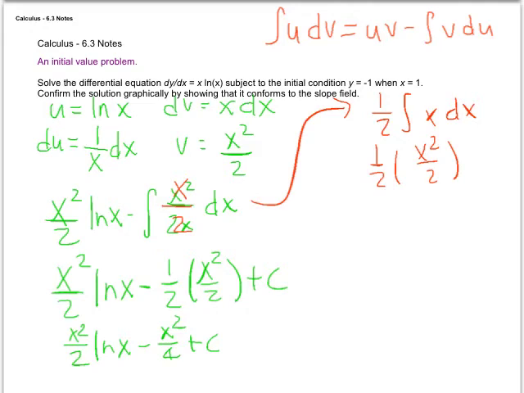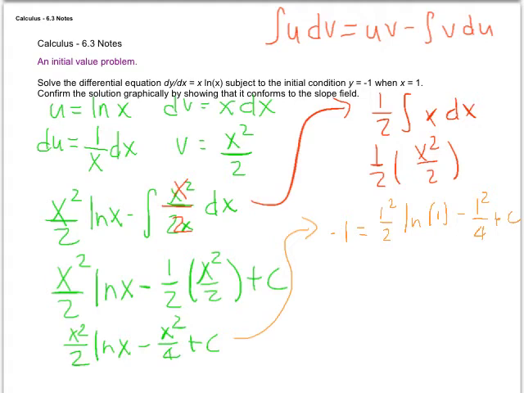So then we can just substitute everything back in for x's and y's and solve this guy out. And so what you're going to end up with, remember this is a y equals equation, is -1 equals 1 squared over 2 natural log of 1 minus 1 squared over 4 plus c.